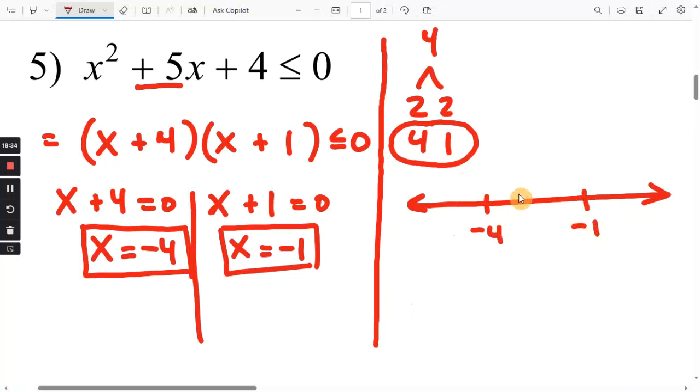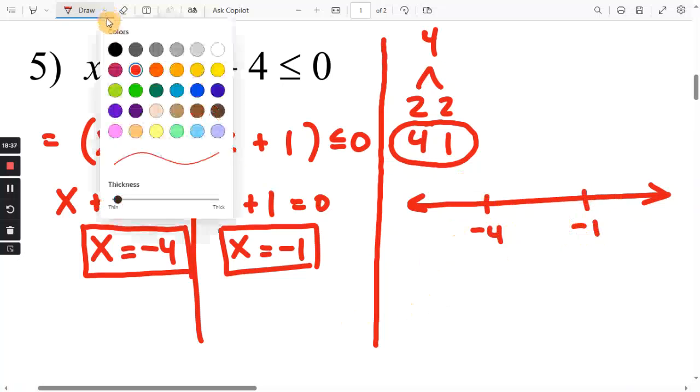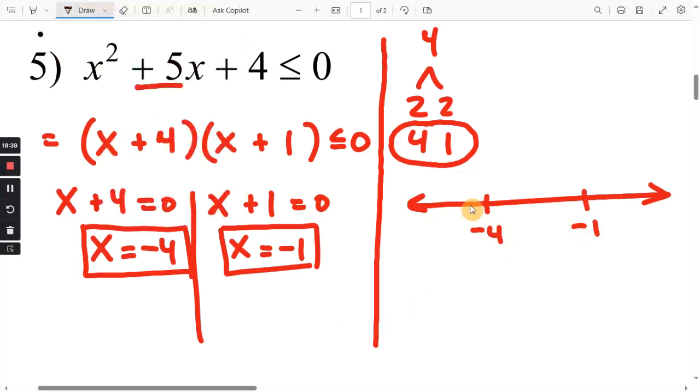You want to choose points that are in between. All right. What's a number that's less than -4? Well, you could use -5. What's a number in between -4 and -1? Well, you can choose -2, and greater than -1, I'm going to choose 0. All right, you can plug it into the original, but I always like to plug it into the factored form.